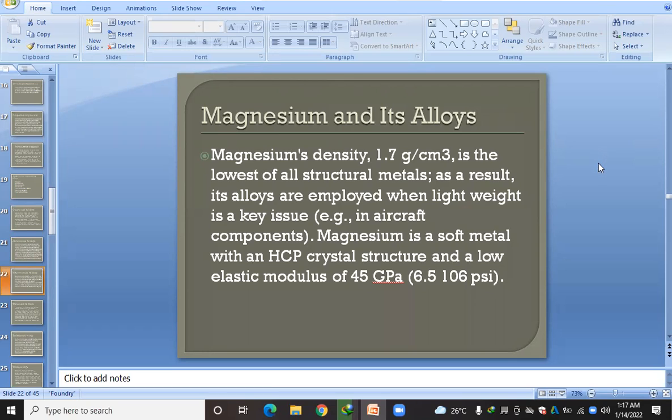In both the top and bottom layers, there are six atoms that arrange themselves in the shape of a hexagon, and a seventh atom that sits in the middle of the hexagon. So mao na ang HCP crystal structure. And it has a low density and a low elastic modulus of 45 GPa, or 6.5 × 10^6 psi.